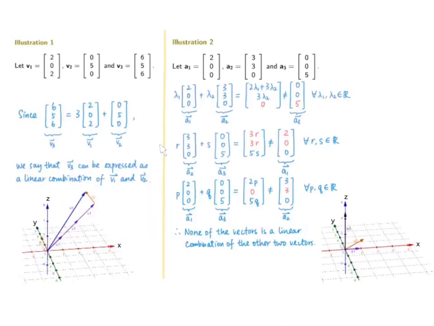We can see that in illustration 1, we can use other vectors to replace a vector to do the same job, whereas in illustration 2, we cannot use other vectors to take over the job that any individual vector does. This property distinguishes these two sequences of vectors and brings the concept of linear independence.